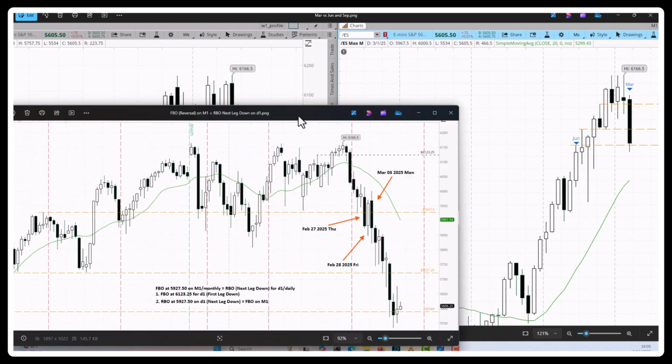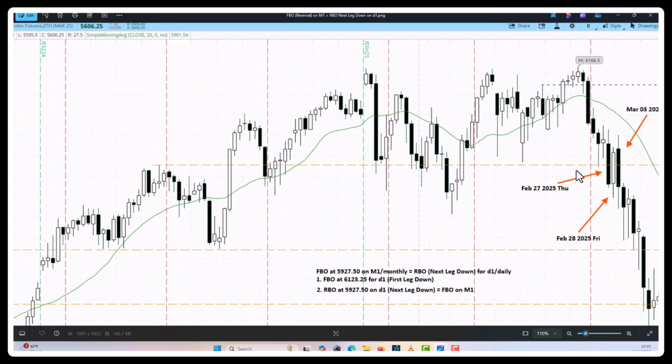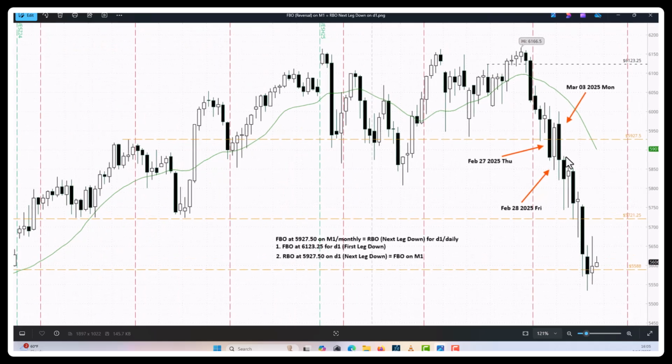But if you jump to the daily, you can see clearly this is a real breakout. In this case, first leg down, and then right here it's a retracement, and then boom, next leg down. So it's a real breakout. How beautiful is that? The high time frame in the monthly is a fall breakout.